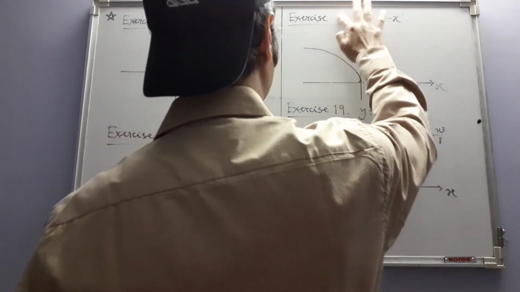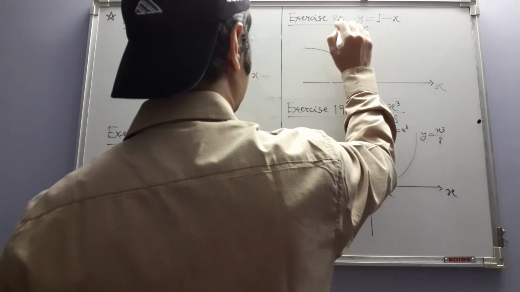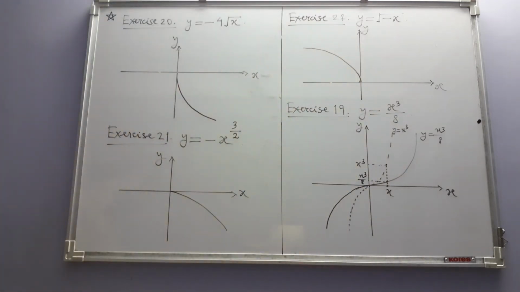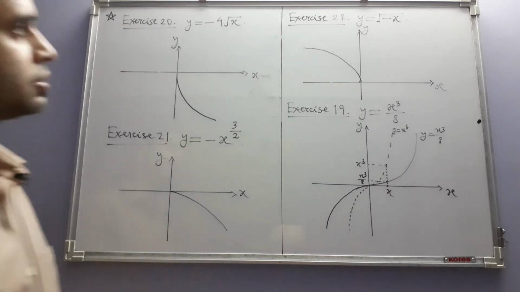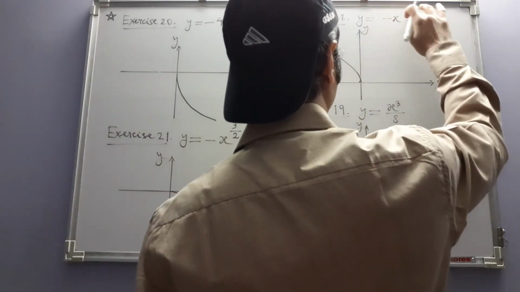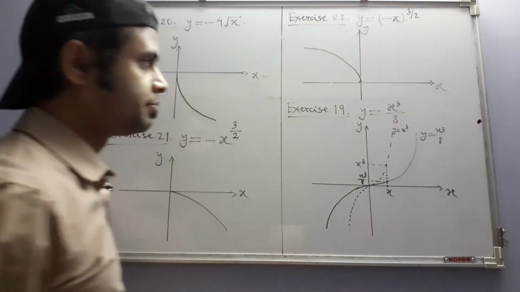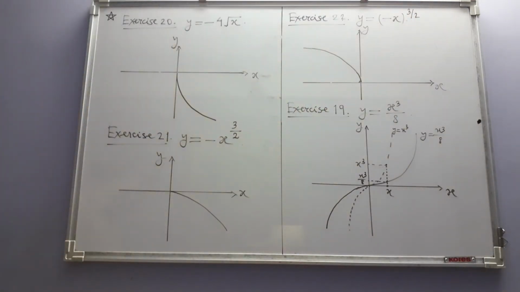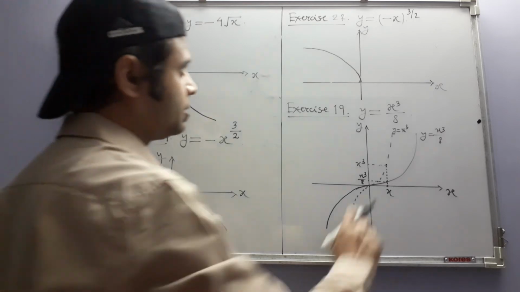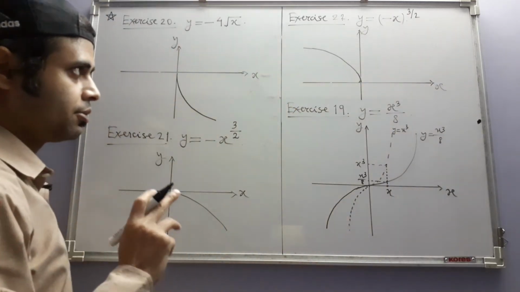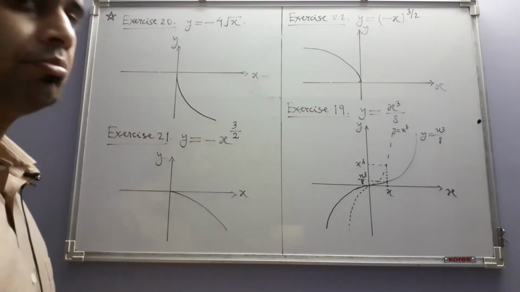Then 22. The 22nd one is minus x to the power 3 by 2. Okay, in this case, you see, now we have square root of minus x. So x now cannot be positive.